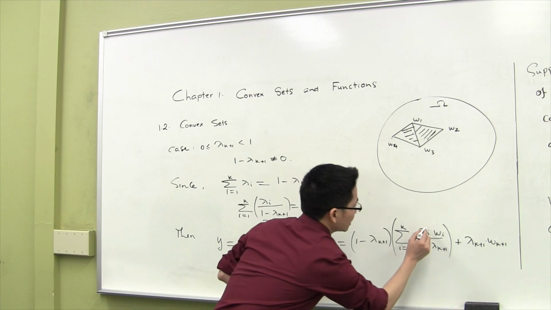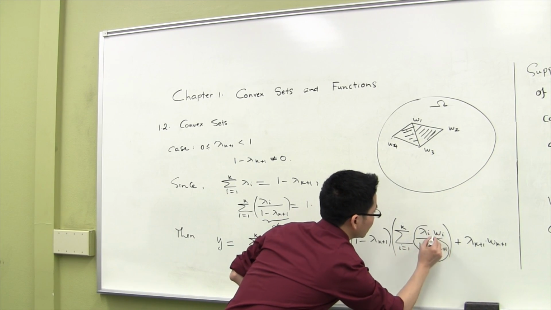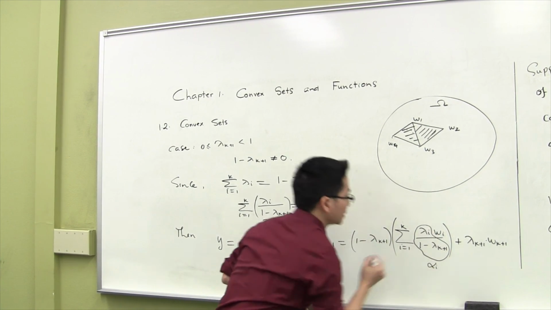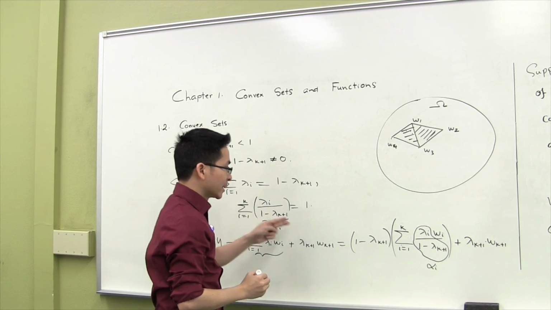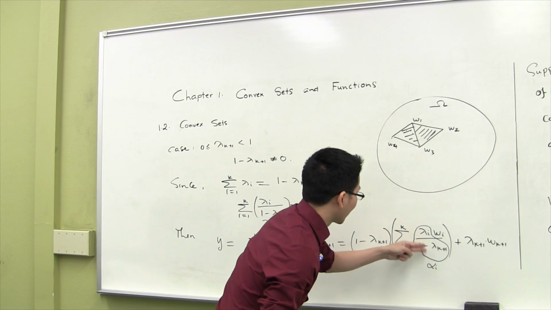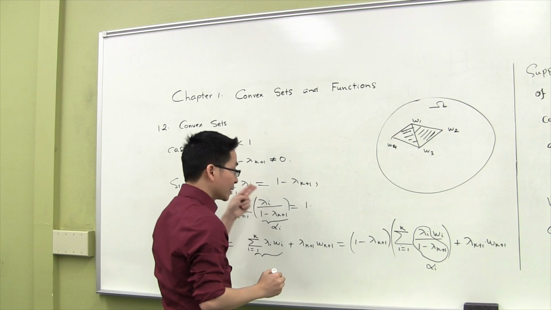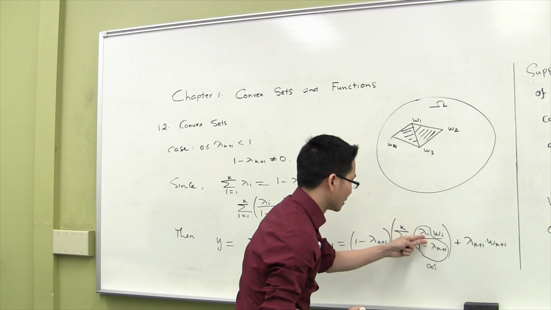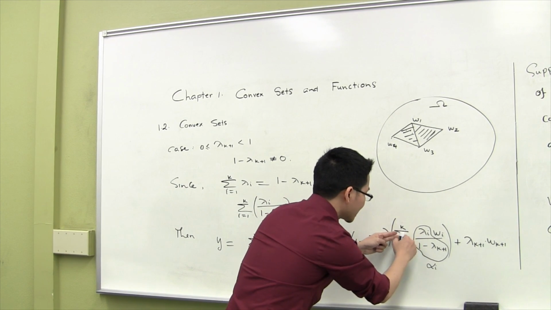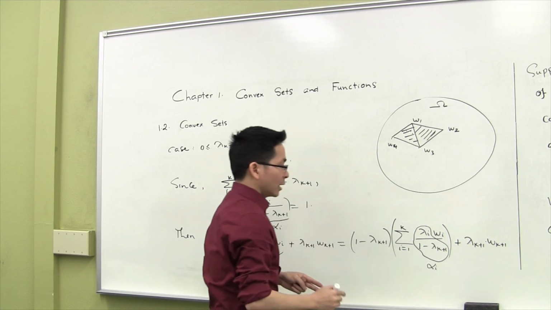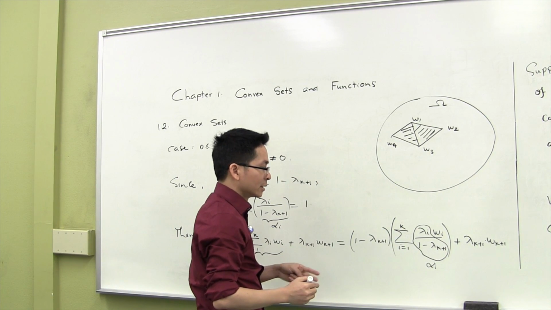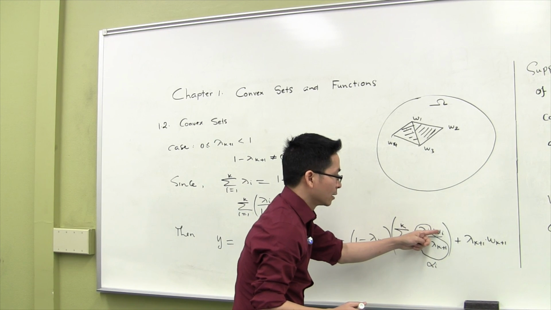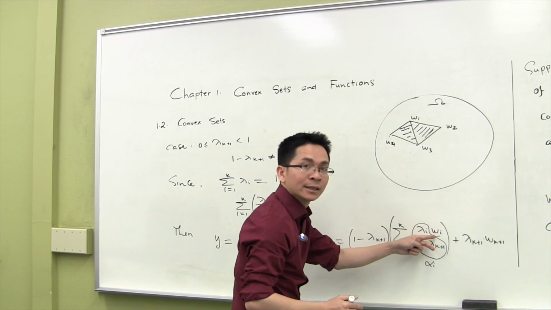So this is just alpha i. And we can see that the sum of alpha i, where i runs from 1 to k, is equal to 1. So this sum is actually a convex combination of w1, w2, ..., wk.